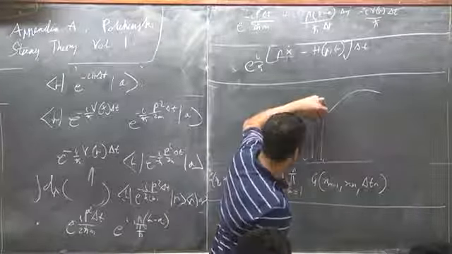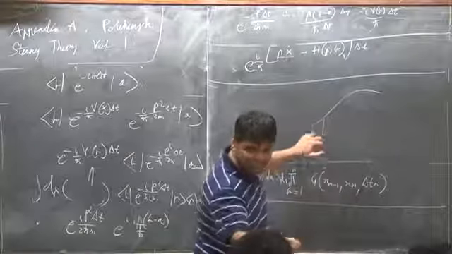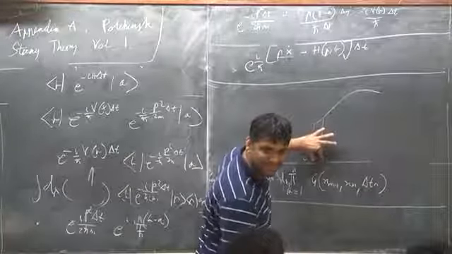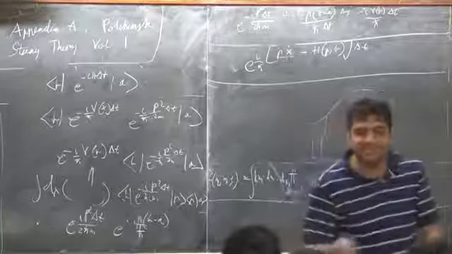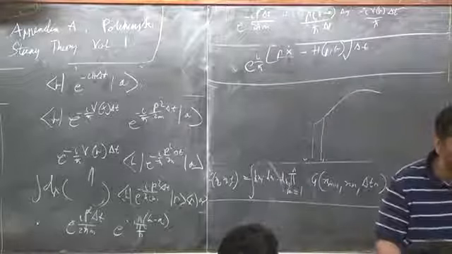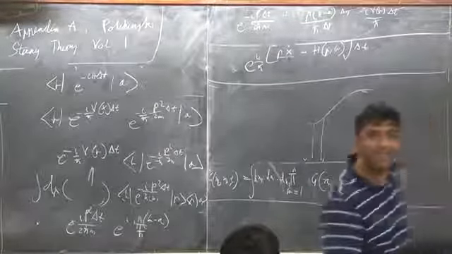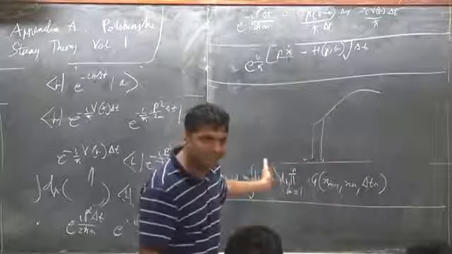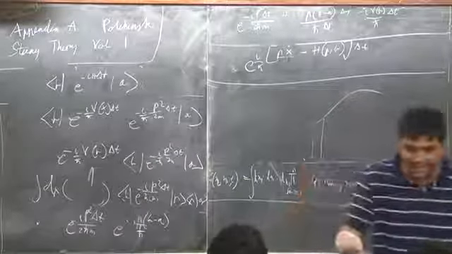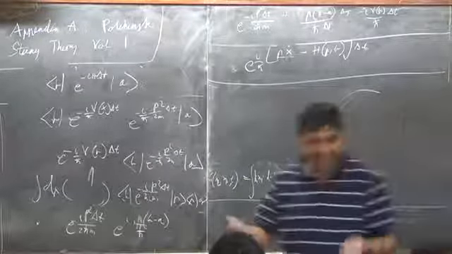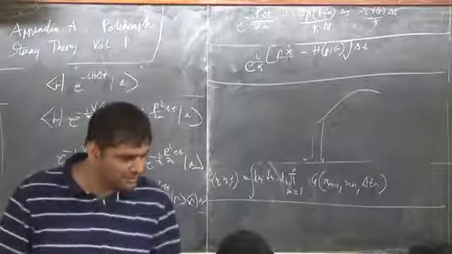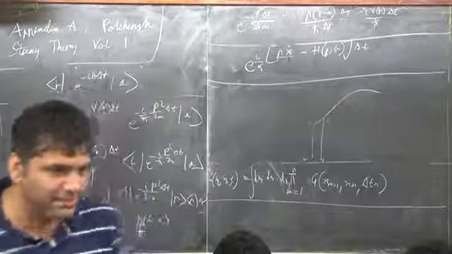But the point is that the error you make scales like delta t squared or delta x squared, and you're going to take the limit delta x goes to 0. So it doesn't matter. There's an error if delta t was finite, but in the limit that we'll be interested in, we don't care about those errors. The usual thing.